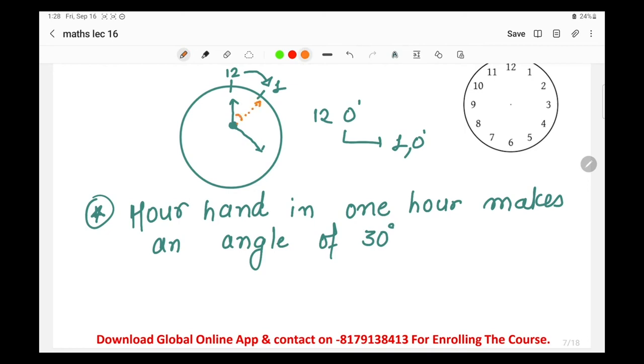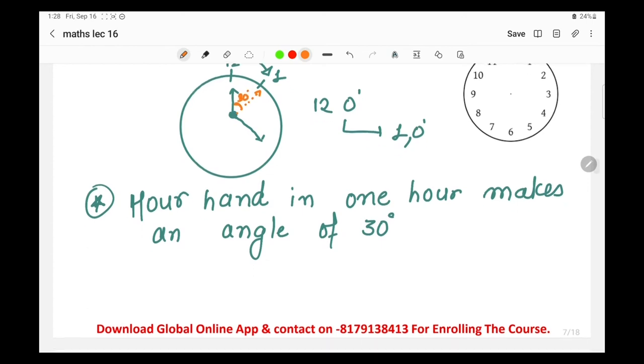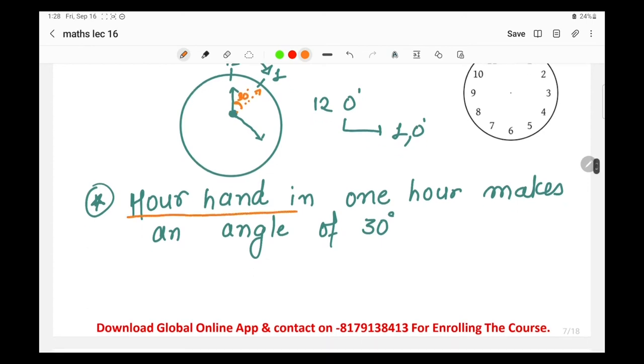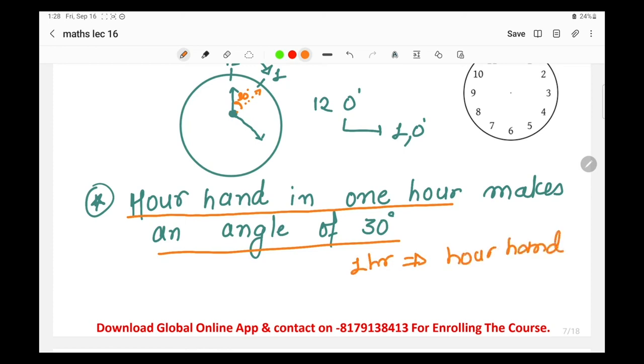It is making 30 degrees. So the hour hand in 1 hour is making an angle of 30 degrees. In 1 hour, the hour hand is crossing 30 degrees.